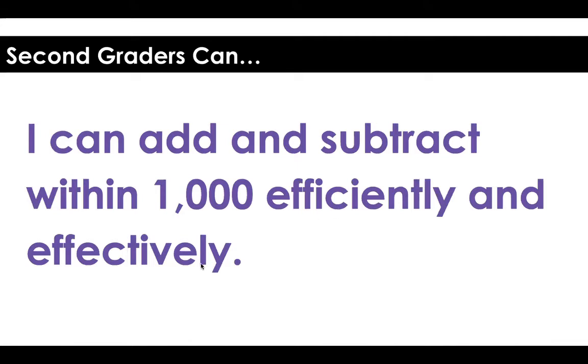In our classroom, we have talked a lot about how to be efficient means that you can do it quickly, and to be effective means that you can get the answer right. So I want you to be able to add and subtract numbers between 0 and 1,000 together correctly and quickly.